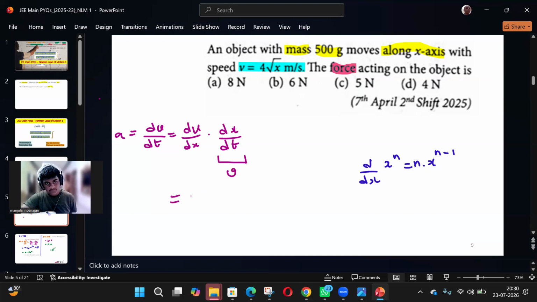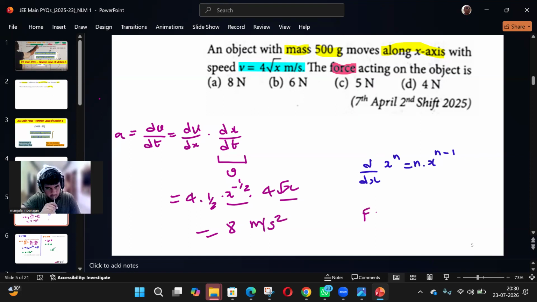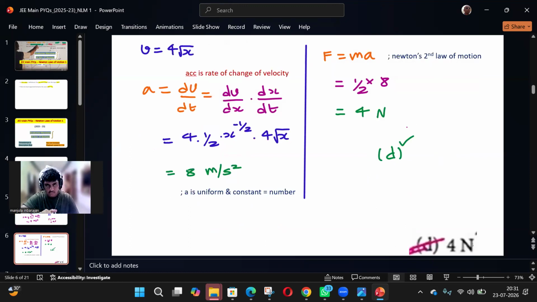And dv by dx is 4 into half into x raised to the power minus half, into the velocity 4 root x. So this and this will cancel. So it is 8 in SI units. So force is mass into acceleration, which is 0.5 into 8, which is 4 newtons. Option D.